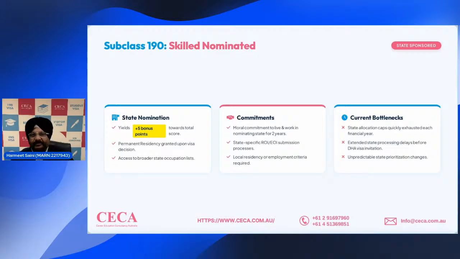And the most unlucky thing is the unpredictable change in state prioritization. States change over time according to the political situation and the current agenda of the state, and the priorities frequently change. So it all depends upon the state government's laws and policies.